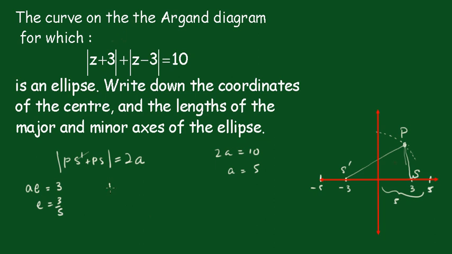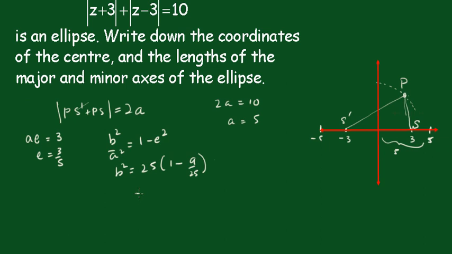Then using this formula, b squared on a squared equals 1 minus e squared, you see that b squared equals a squared, which is 25, into 1 minus 9 on 25, and that becomes 25 times 16 on 25. So b squared equals 16, which means b is equal to 4.